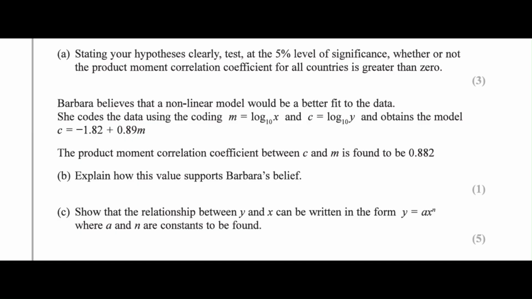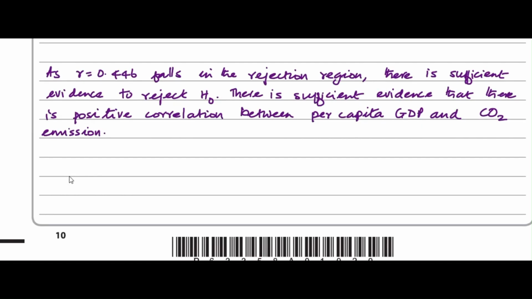Explain how this value supports Barbara's belief. Any value of PMCC close to 1 indicates that there is strong positive correlation. In this case, since R is equal to 0.882 is quite close to 1, it supports Barbara's belief that there is positive correlation.